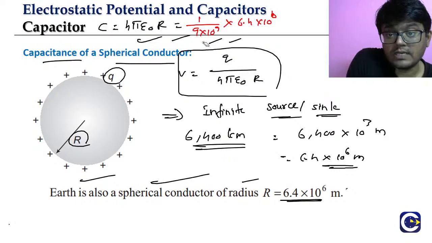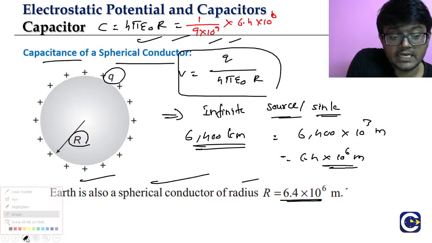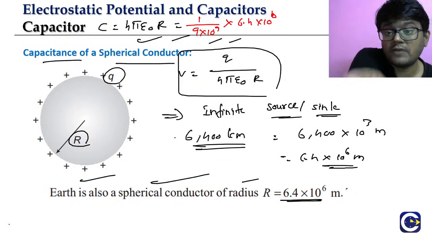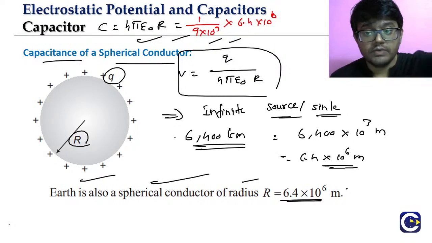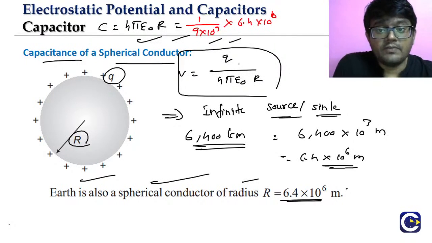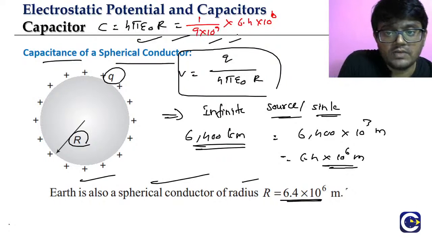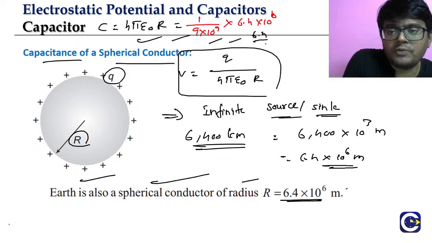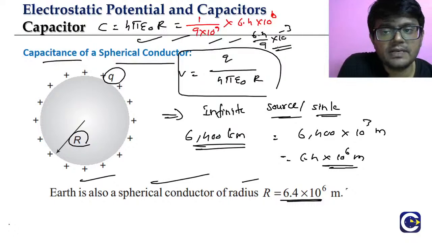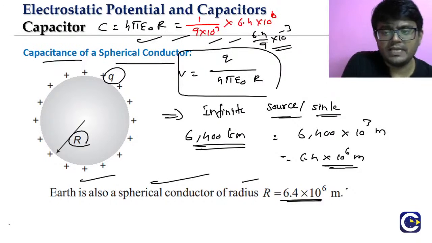Numerator has 10 power 6, denominator has 10 power 9. So when you simplify, it comes to 6.4 by 9 into 10 power minus 3. That is 6.4 divided by 9 into 10 power minus 3. Let us rearrange this a little.